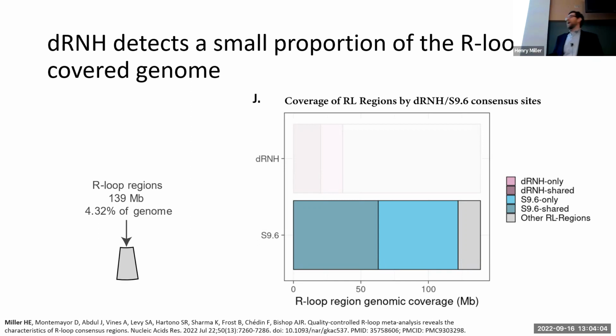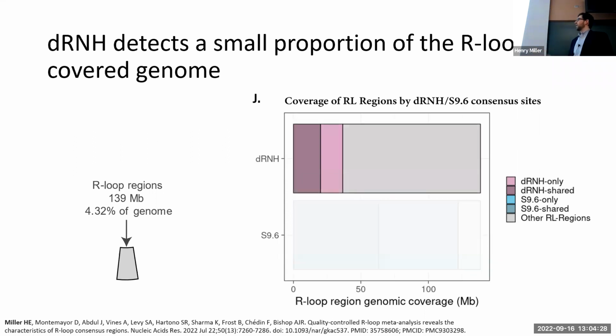Now, just as a note, I have broken this down into S9.6 only and S9.6 shared. S9.6 shared, those are S9.6 consensus peaks that overlap with at least one dRNH consensus peak. S9.6 only, those are consensus peaks that do not overlap with any dRNH consensus peaks.